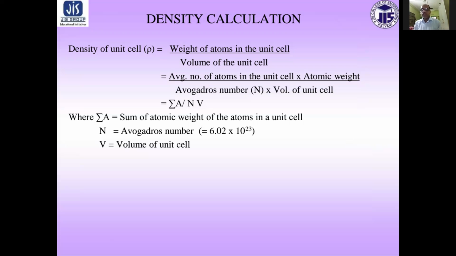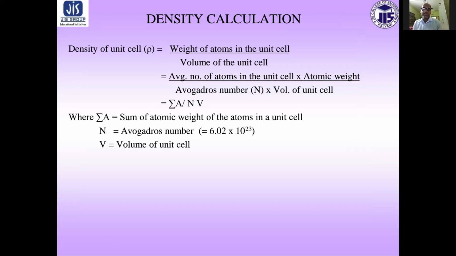The weight of the atoms in the unit cell is the average number of atoms in the unit cell multiplied by the atomic weight, and the volume is the Avogadro number N multiplied by the volume of the unit cell.